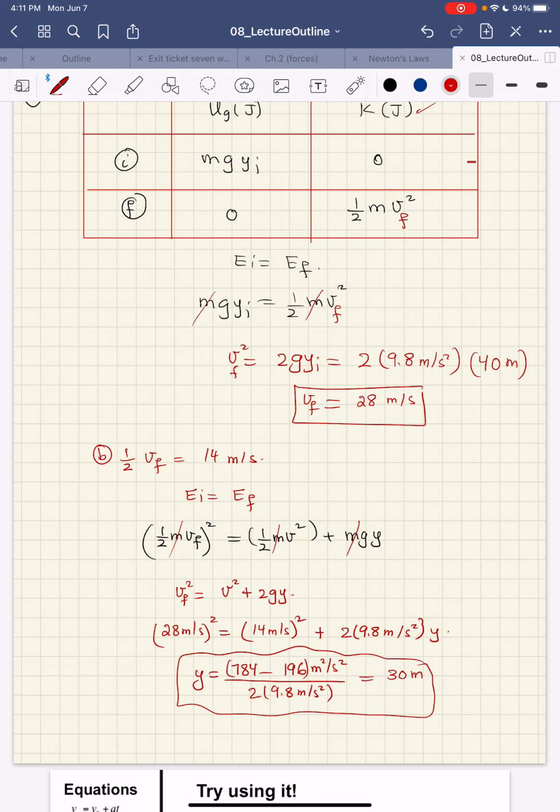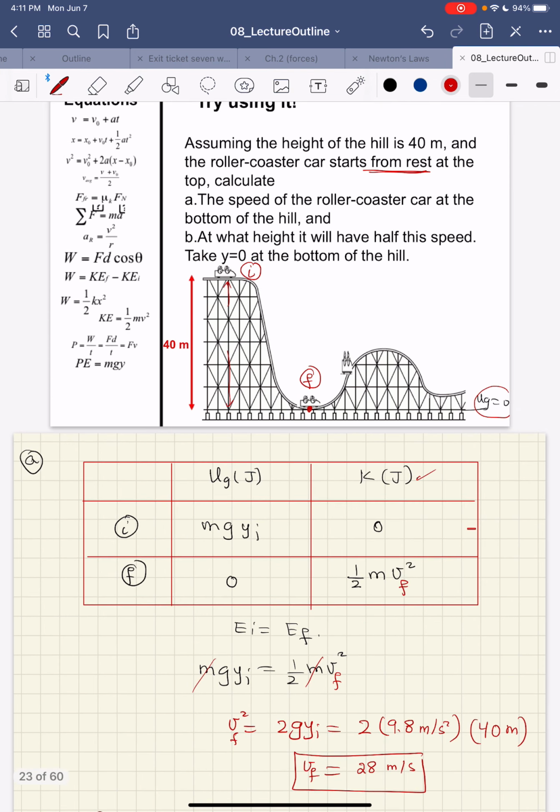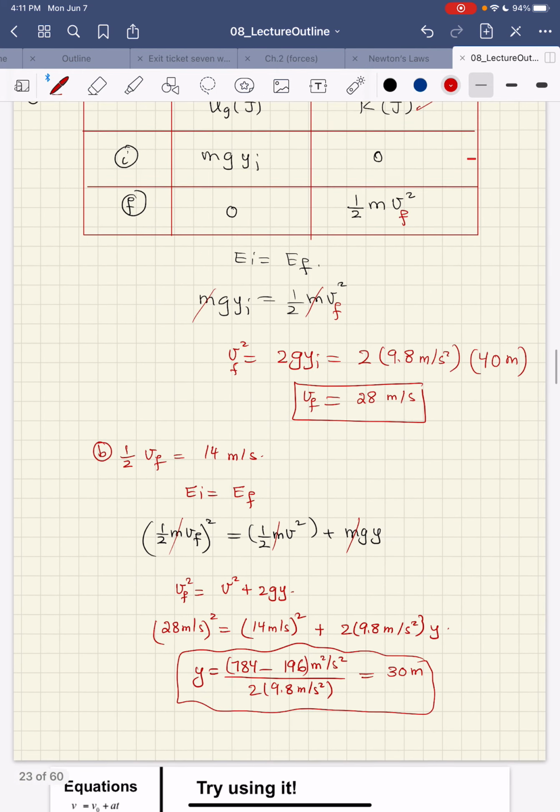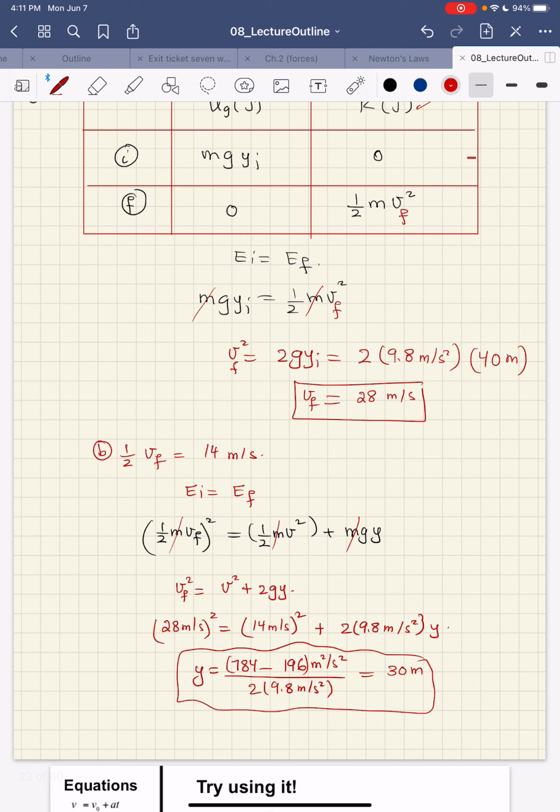Now, they want us to calculate at what height it will have half of this speed. Half of this speed is going to be 14. Then I know that E initial is 1/2 mv final squared, and I can use this one, or I can use mgyi equals 1/2 mv squared plus mgy, and that y is going to be any height that I wish to calculate.